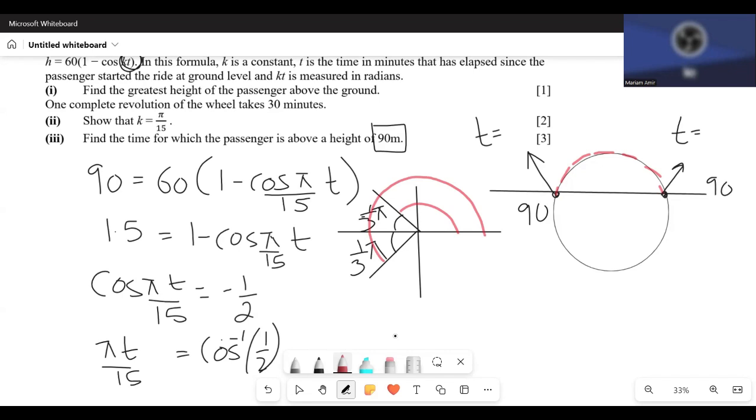So pi minus pi by 3 is 2 by 3 pi, and pi plus 1 by 3 pi is 4 by 3 pi. So now I'm going to equate this to both of these values. Pi t upon 15 equals 2 by 3 pi and 4 by 3 pi.